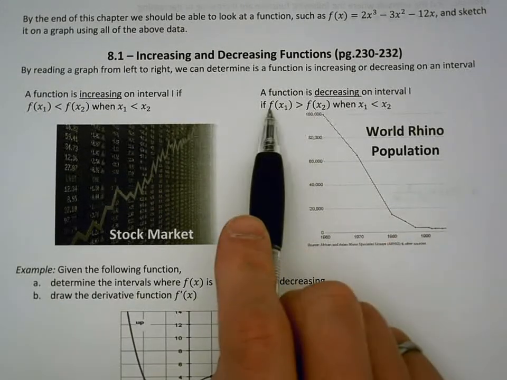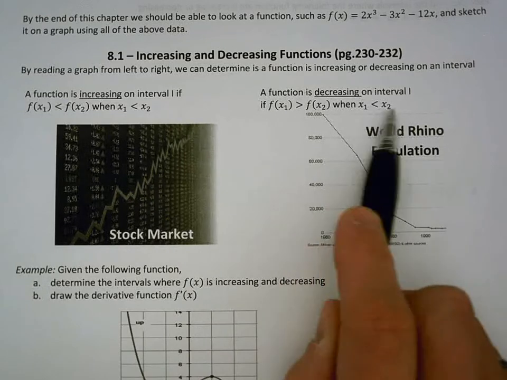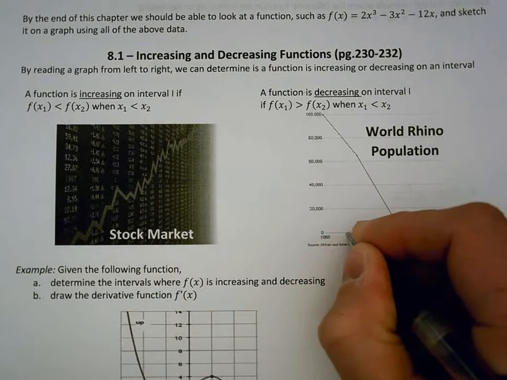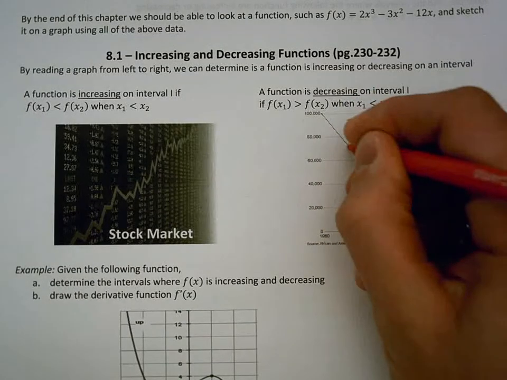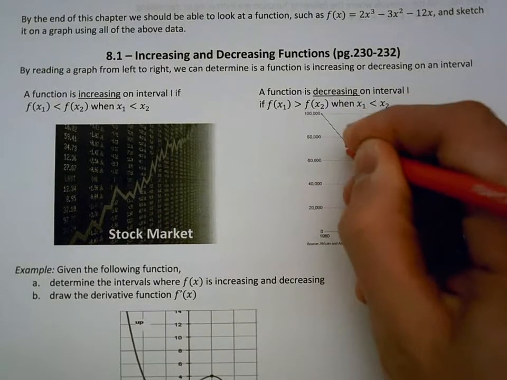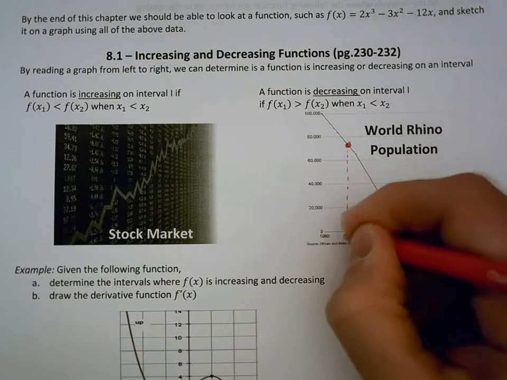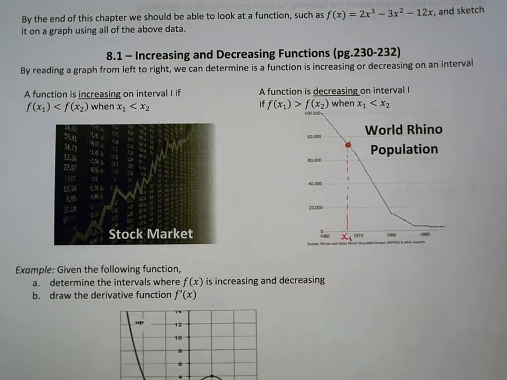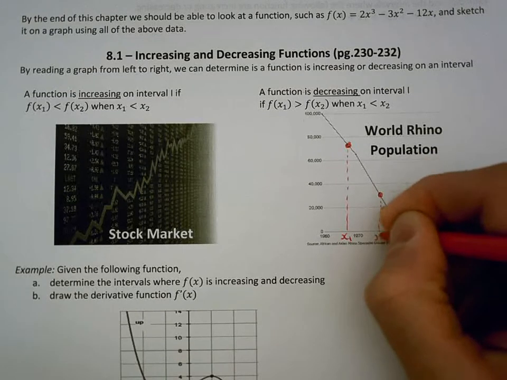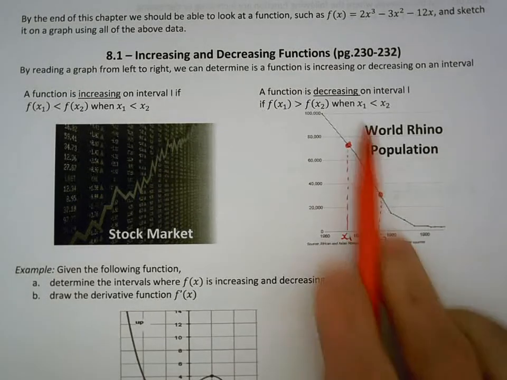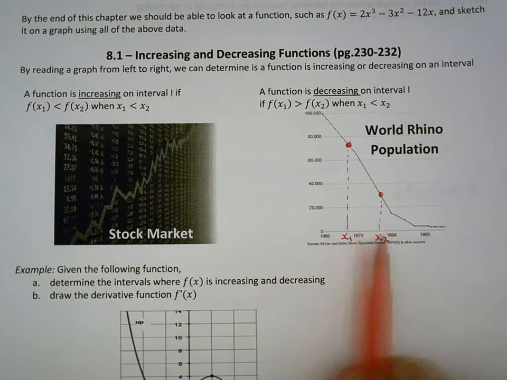So here, x1 is less than x2. Let me use a different color pen here. Let's say I choose this point. This point has some x value, we'll call it x1. And I'll choose this point, which has some x value, we'll call it x2. x1 is less than x2.